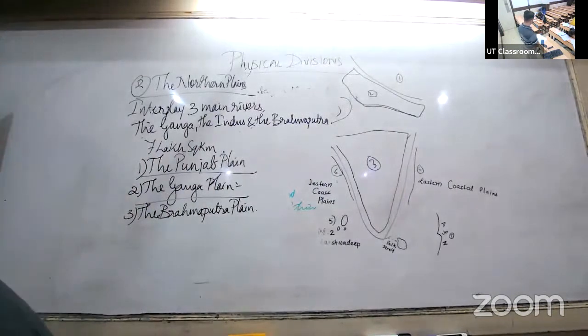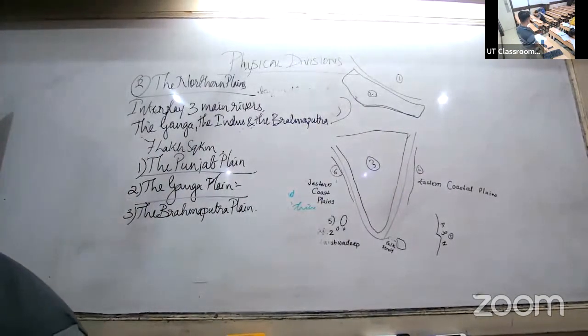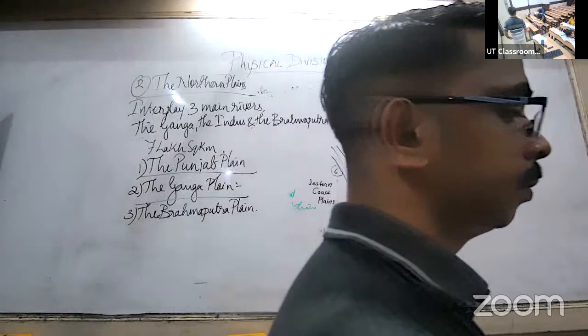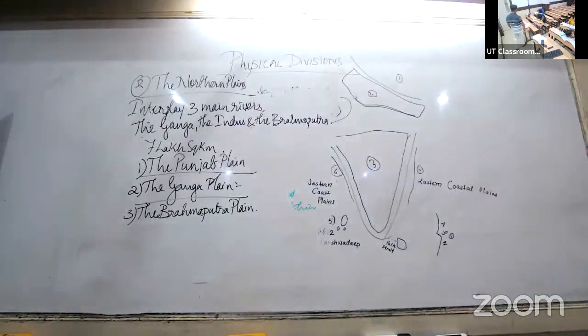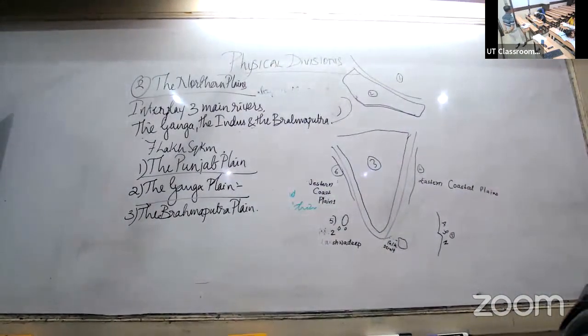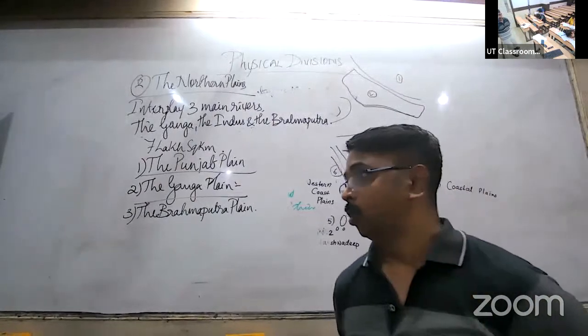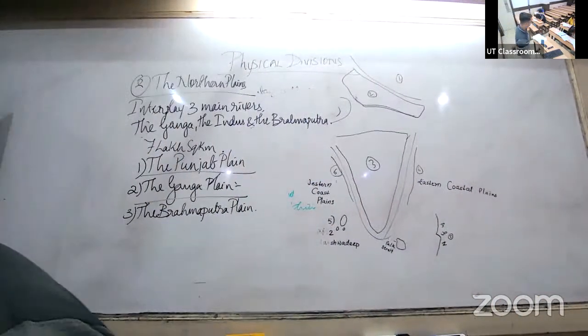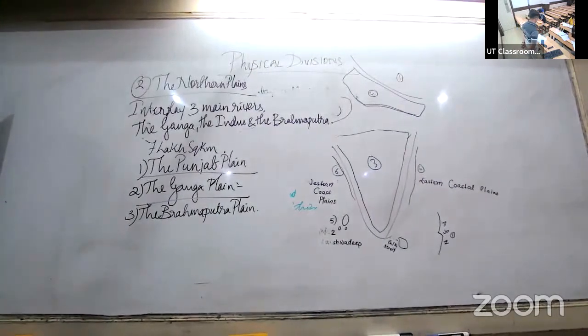Third point: the Brahmaputra plain, also known as the Assam Plain, as most of the area is covered by Assam.